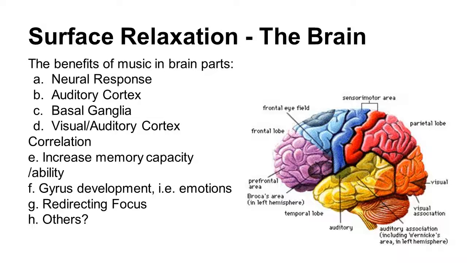All areas involved with movement, including the basal ganglia, are affected as well. Visual and auditory coordination is increased in those who are exposed to music. Music also increases memory capacity and ability, as well as emotional capacity and the growth of emotions.